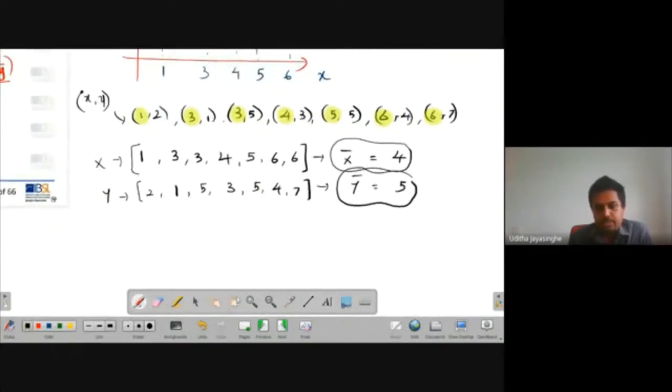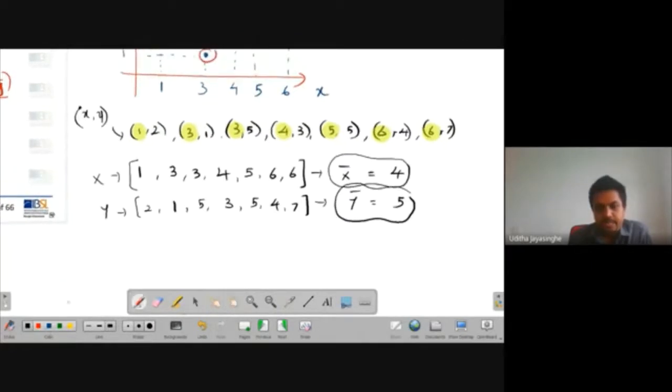You take the individual x value, let's say 1 minus 4, and the corresponding y value 2 minus 5, plus the next value, 3 minus 4 multiplied by 1 minus 5, plus, likewise.